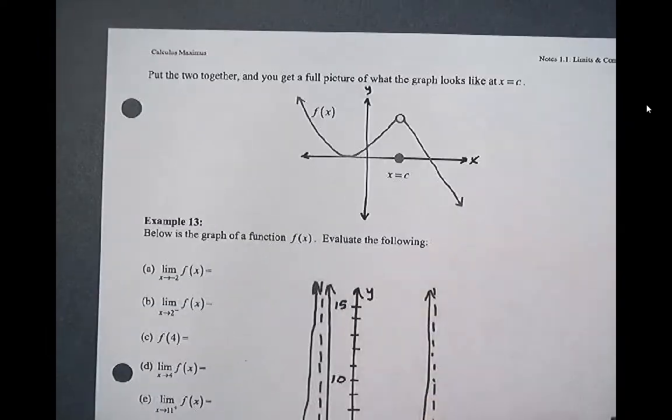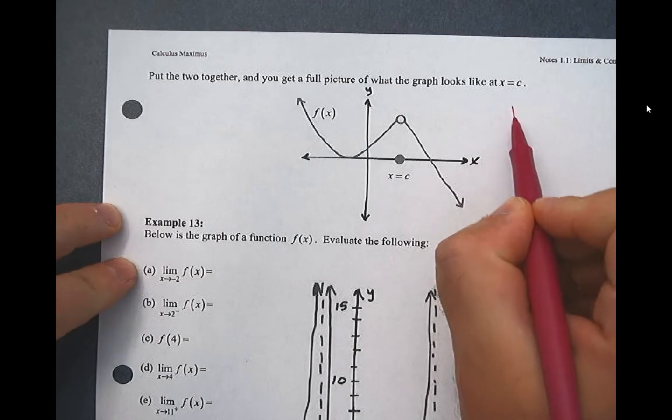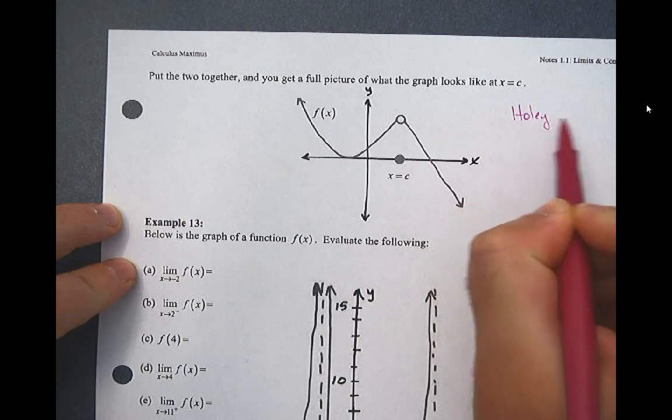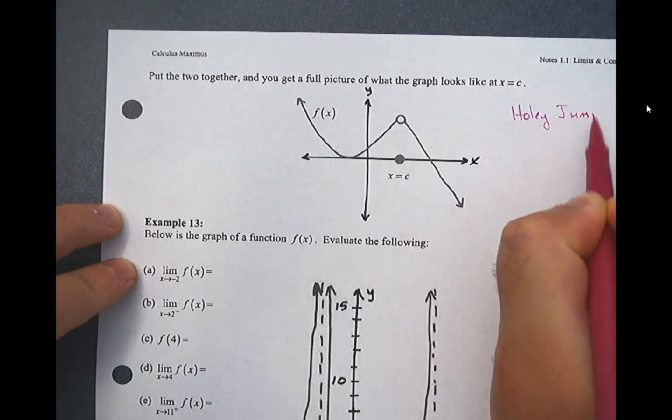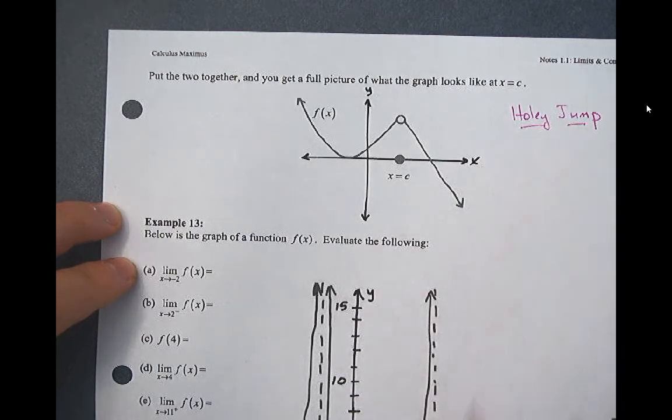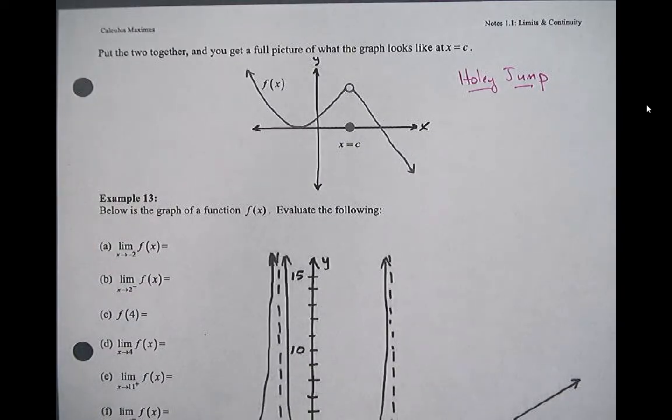And in this case, this is what I call a holy jump. Nobody else, besides kids who have had my class, would know what a holy jump is. But that's what I call a holy jump, because it's got a hole that jumps out to a point and then jumps right back into the hole.